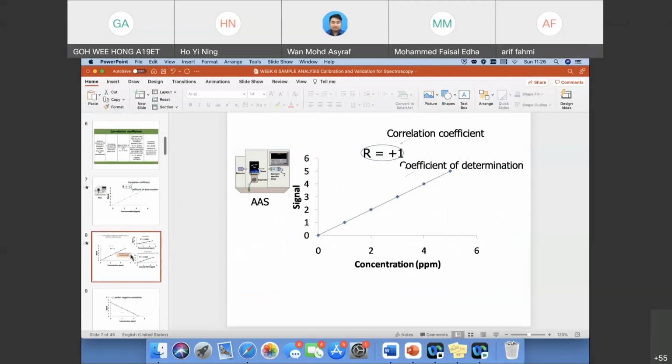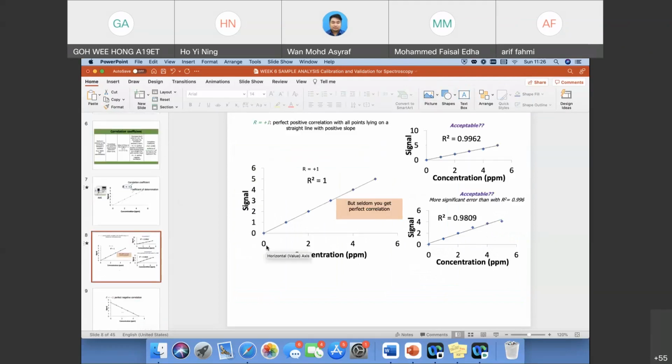Okay, maybe I'll look into this one. When you look at this first graph here, you would see that the R is +1, or usually we look at R square, okay? R square is 1. So, do you think R square is 1 is okay?